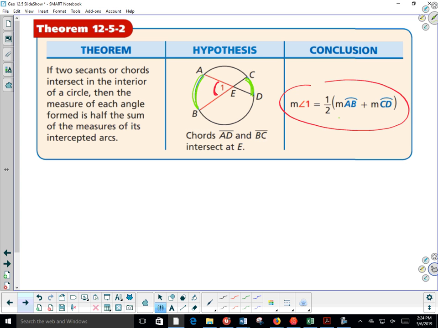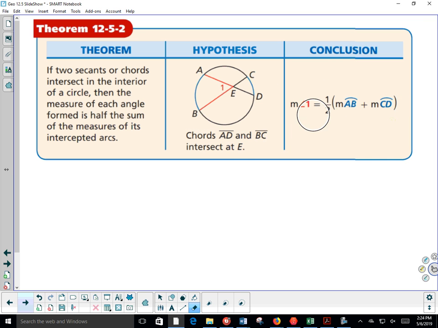I would add those two arc measures together, multiply by 1/2, and that's going to be the measure of angle 1. So for example, if this arc here measures 40 degrees, and this arc here measures 70 degrees, then what would be the measure of angle 1? What do you think, Audrey?